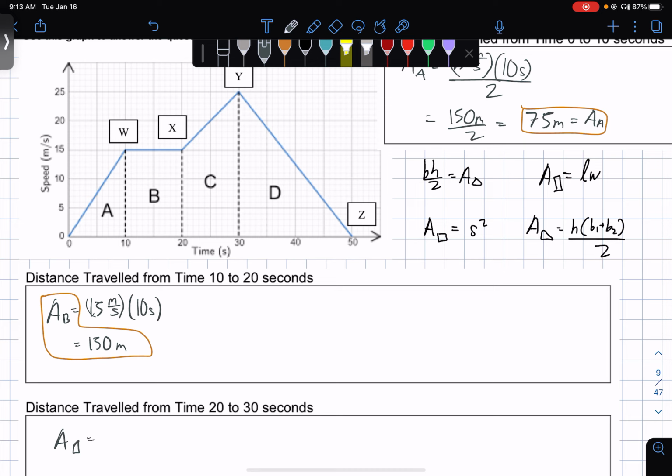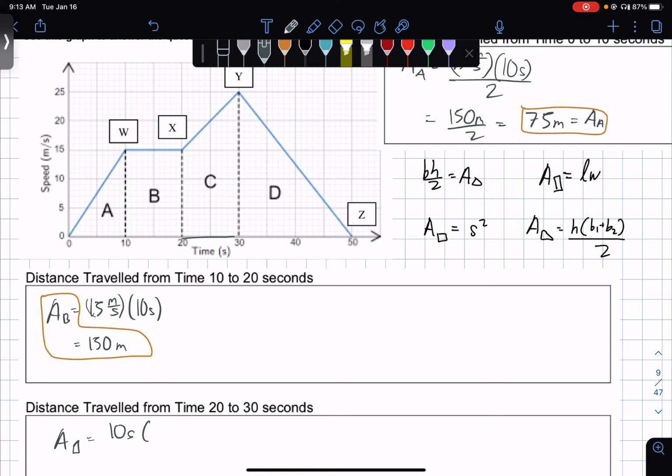Okay, so area of a trapezoid, base 1. So wait, the height is this one. This is the base 1, this is the base 2. So what's the height? 10, 30 minus 20. And then times base 1 is 50. I forgot to write the units. 10 seconds.